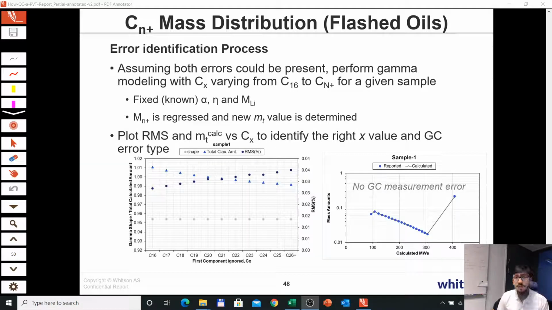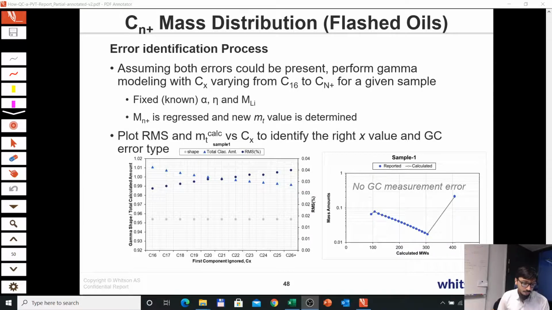We also discussed the different types of errors normally found in gas chromatography, baseline shift and internal standard, the consequence of having an internal standard error, what will be affected by it, and how we can go about correcting it.